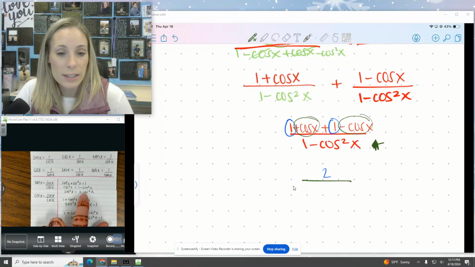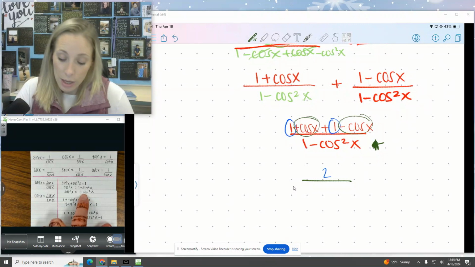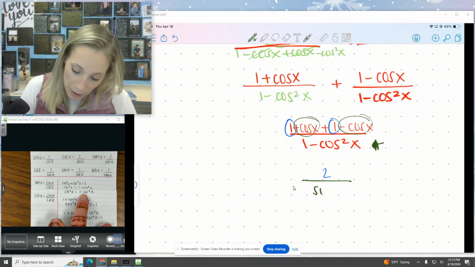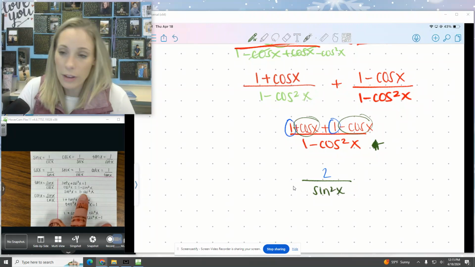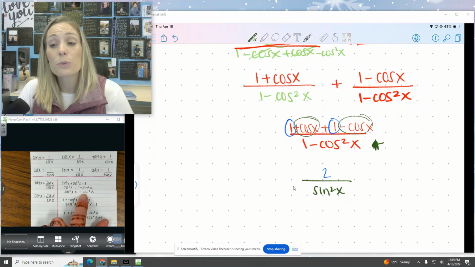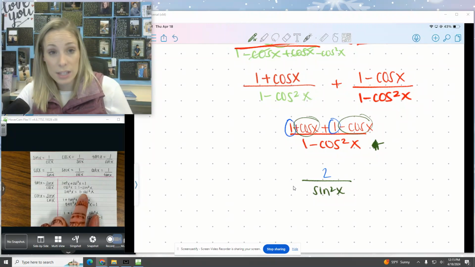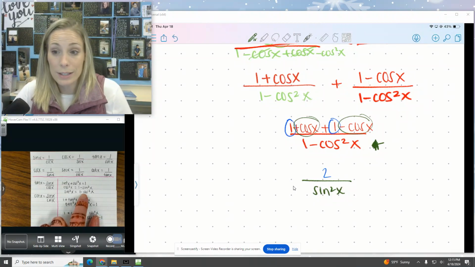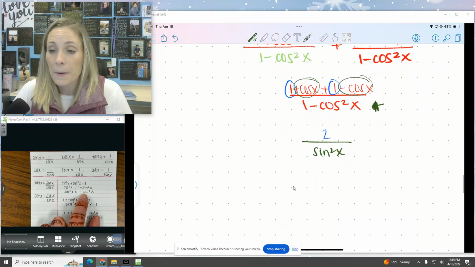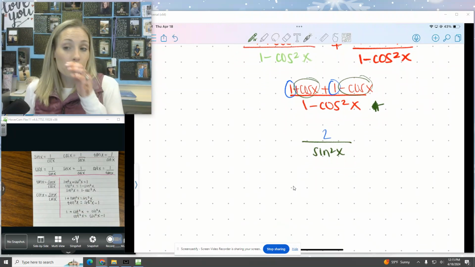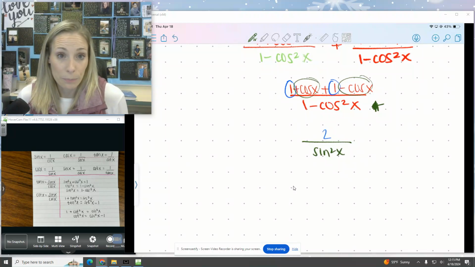Sine squared of x is the same thing as 1 minus cosine squared of x. So I can replace that entire denominator with a sine squared of x. So when we're simplifying now, this is when our Pythagorean identities and our reciprocal identities and our quotient identities are coming into play. You're done when you can't simplify any further.